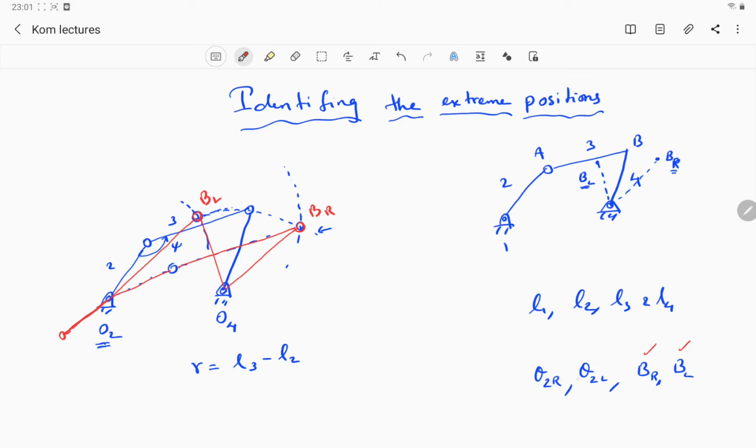All we have to do is measure the angle. The angle between this and this is theta 2L. Like that we can identify theta 2R and theta 2L.